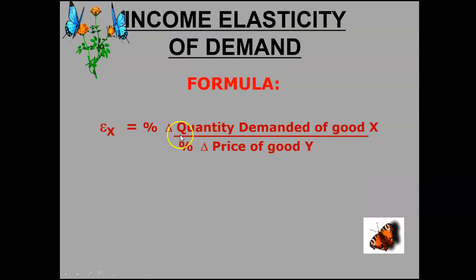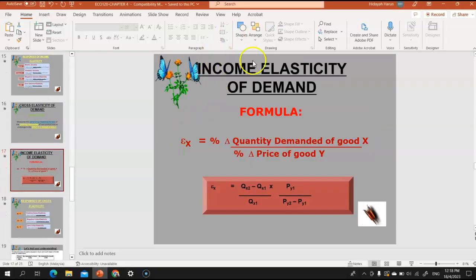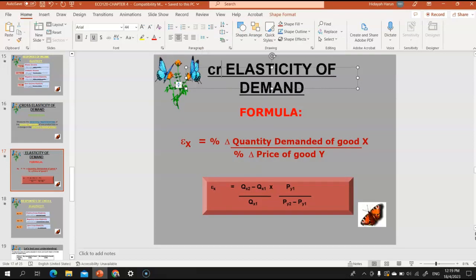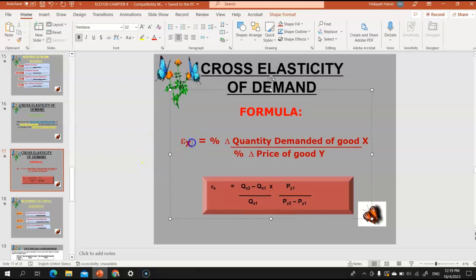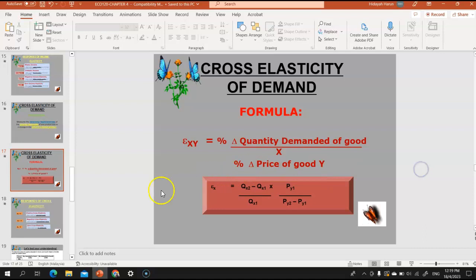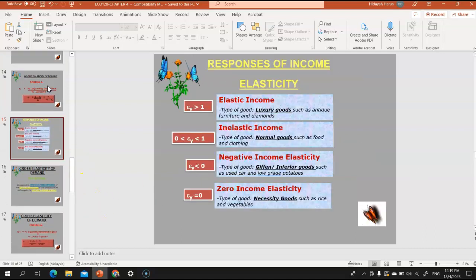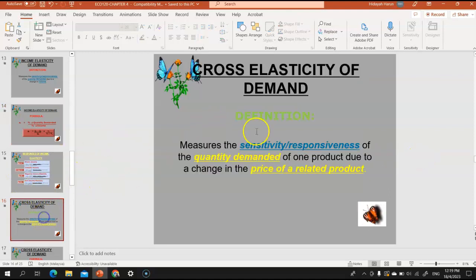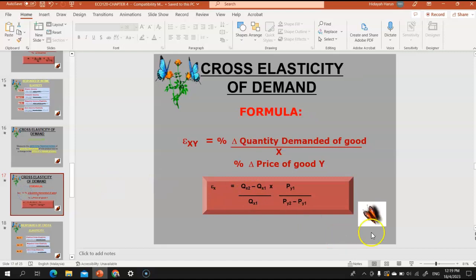So this one will be cross elasticity of demand, so this one will be EXY. Nanti kamu keliru pula. Yang tadi ni adalah EY, so this one also will be EY. Ini income elasticity of demand. Ini cross elasticity of demand.